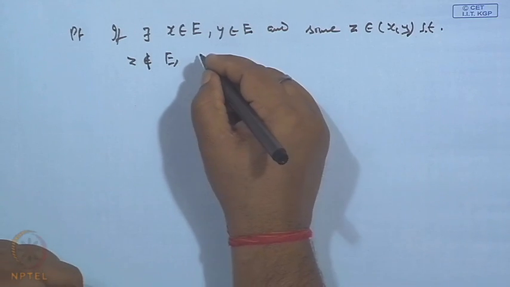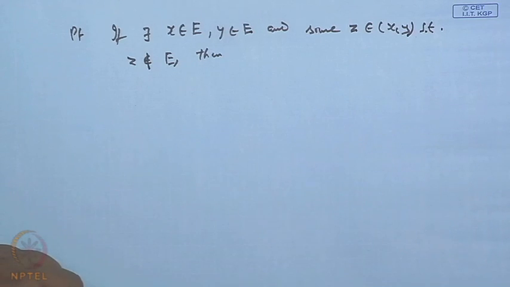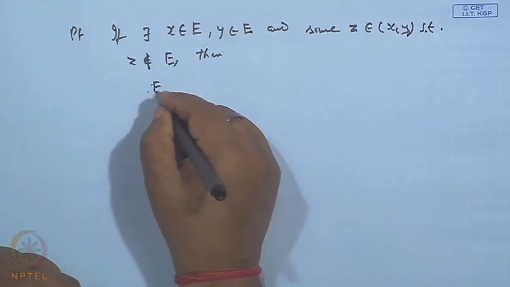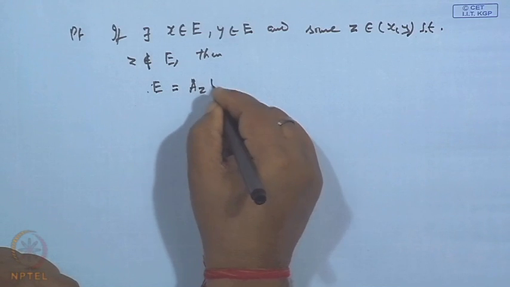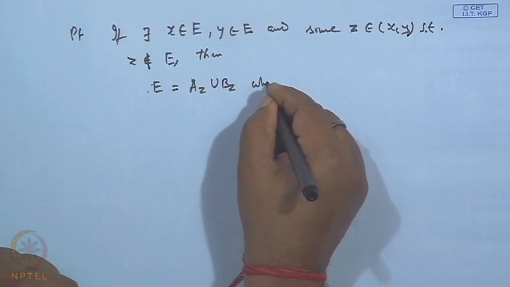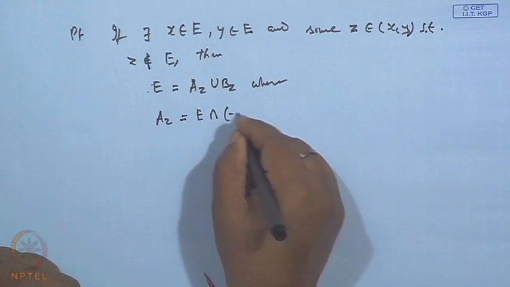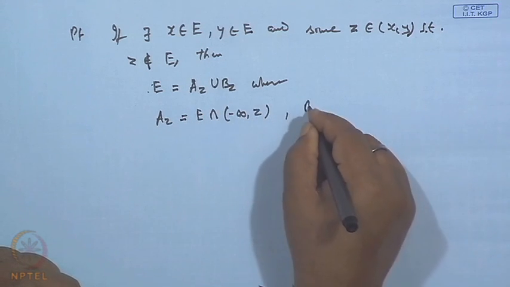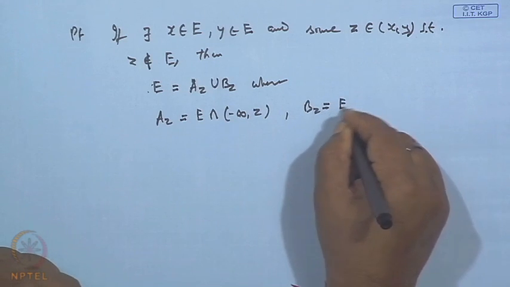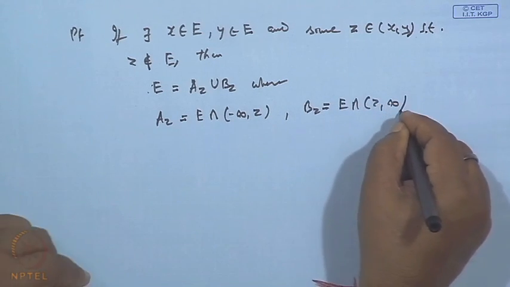Then E can be expressed as the union of A z and B z, where A z is E intersection minus infinity z, and B z is E intersection z infinity. Okay.